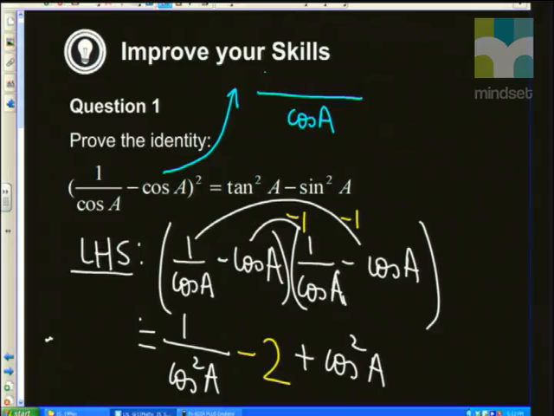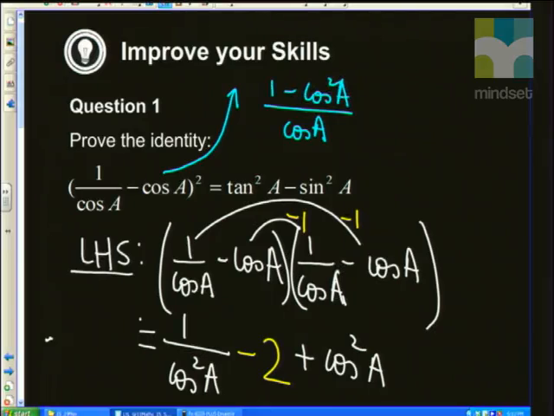Actually, let's just do that again. So we've got here, common denominator is cos A. This fraction's got a 1. That fraction needs a cos squared A.